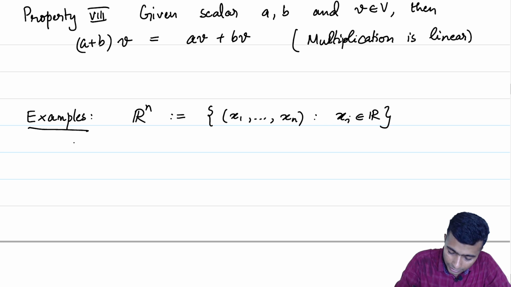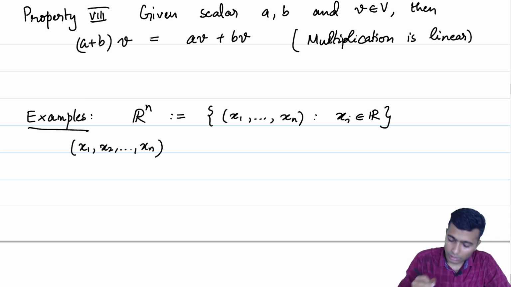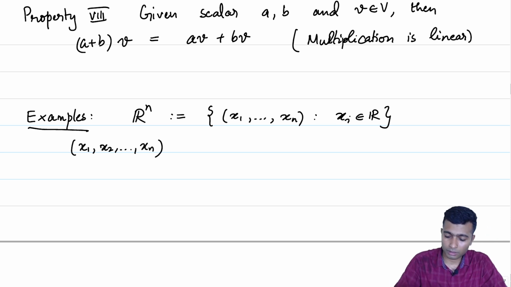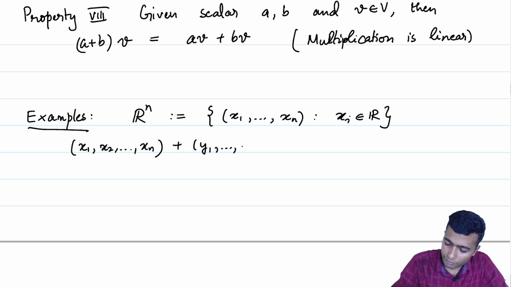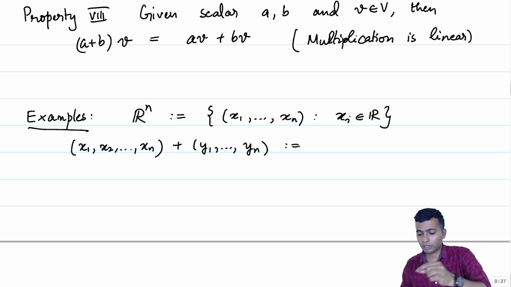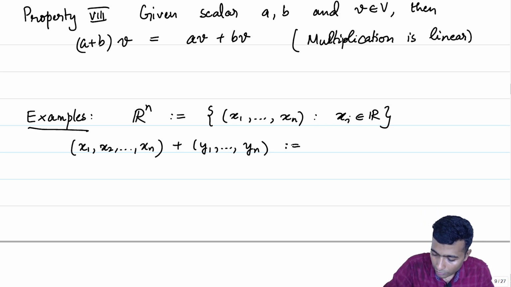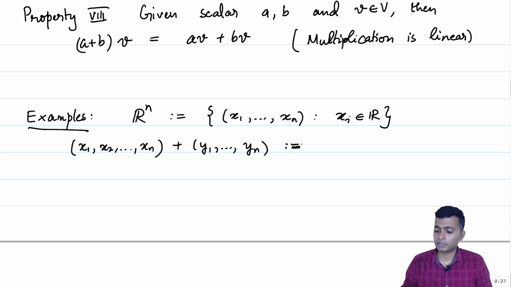And what is the addition and the scalar multiplication? As is to be expected, suppose x1, x2 up to xn is an element in Rn, and y1, y2 up to say yn is an element in Rn, then we define. So, when I put a colon followed by an equal, it means that we are defining something. Here in this case, we are defining the vector addition.